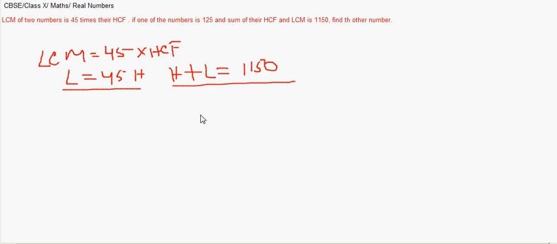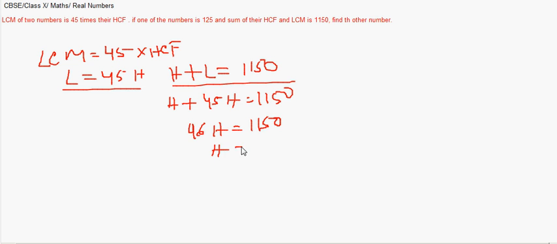So I replace L as 45H. It becomes H plus 45H equals 1150. So that's giving me 46H is equal to 1150. So H is equal to 1150 by 46, that is 25.